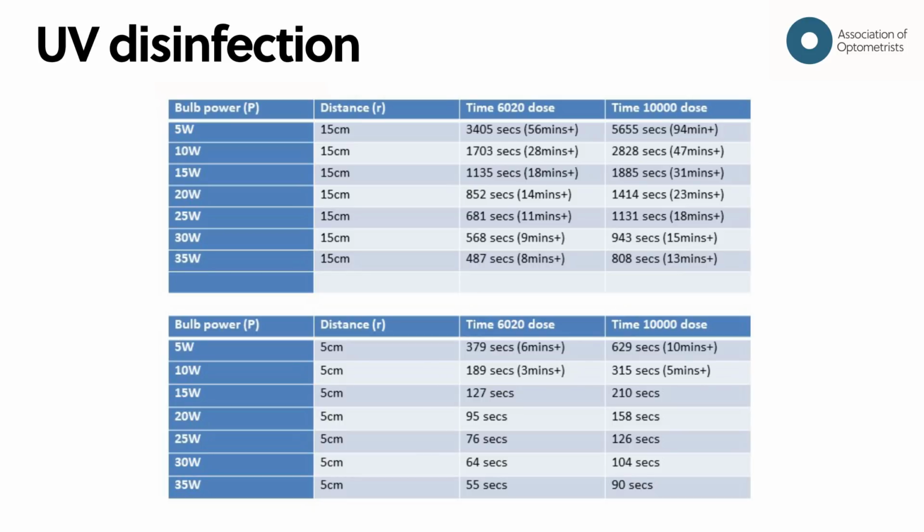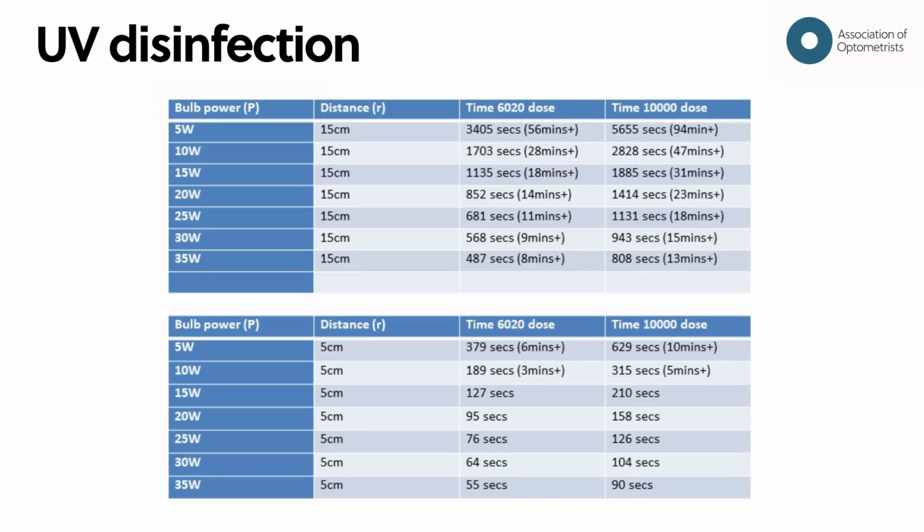And if we take a look at those, we can see that as the bulb power increases, the time required decreases. So that's helpful. We can also see that the time required varies depending on which dose we're going for. So if we're going for 6,020 joules per meter squared, which is your 99.9, we have a table. And if we're going for 10,000, which is the CDC recommended dose, we have another table.